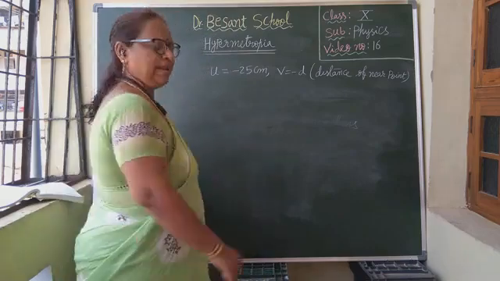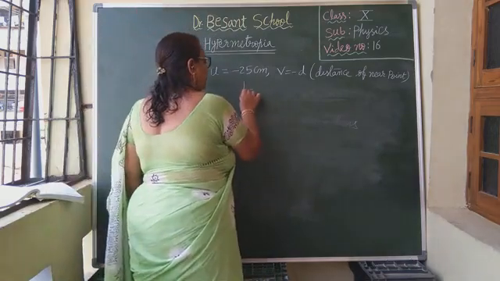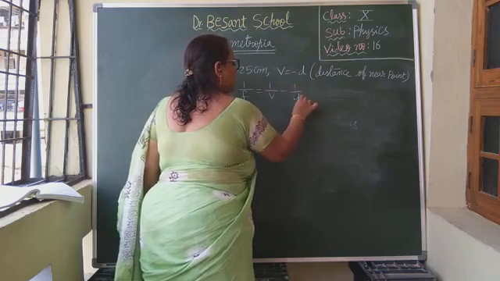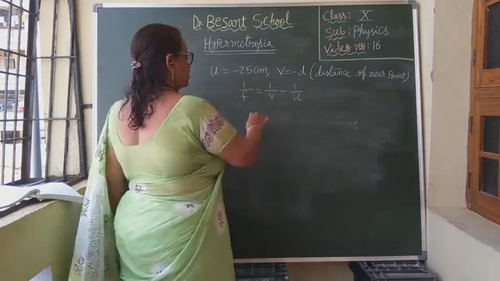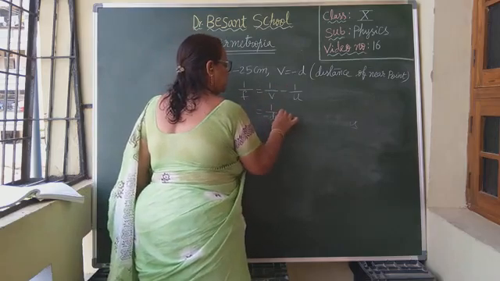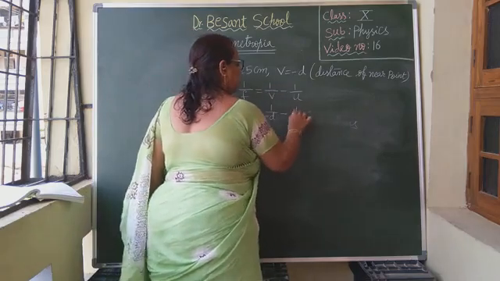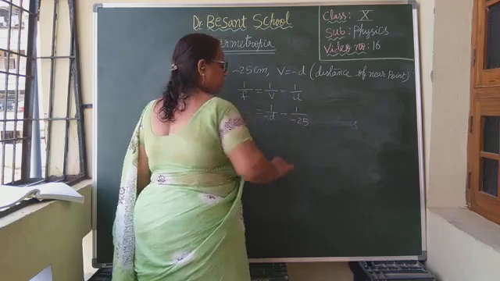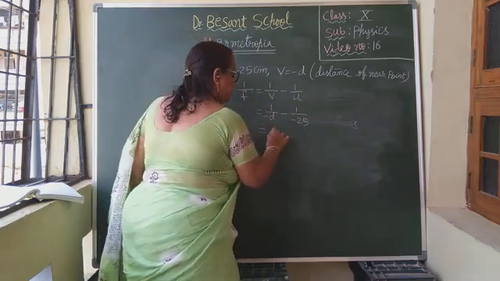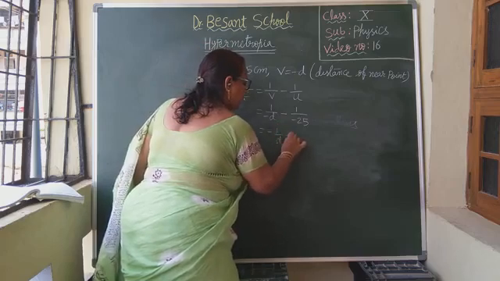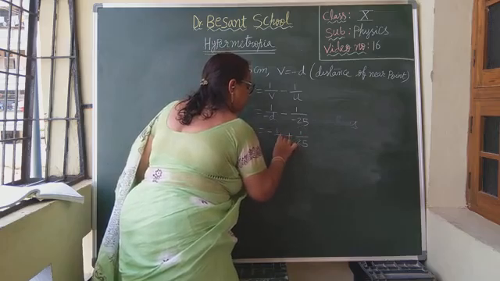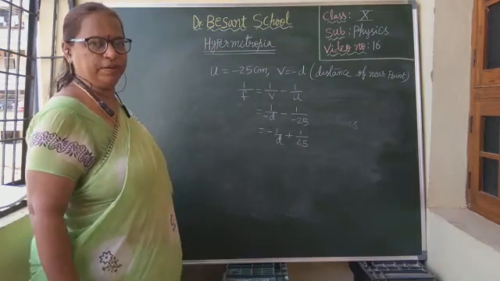We will use the lens formula. 1 by f equals 1 by v minus 1 by u, which is equal to 1 by v, how much? Minus d, minus 1 by minus 25. See carefully, minus into minus is plus. So minus 1 by d plus 1 by 25.